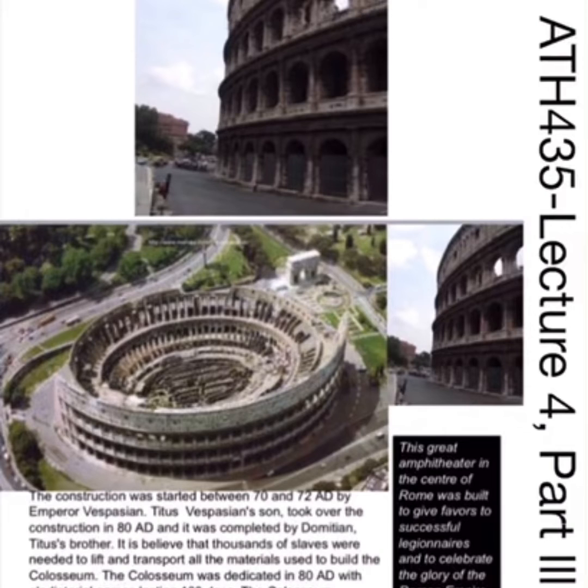Ini tempat di mana tawanan perang kemudian dijadikan gladiators atau pejuang-pejuang yang akan berlawan dalam amphitheater ni, sama ada mereka berlawan sesama mereka atau berlawan dengan binatang, whether they are fighting other gladiators or fighting wild animals.